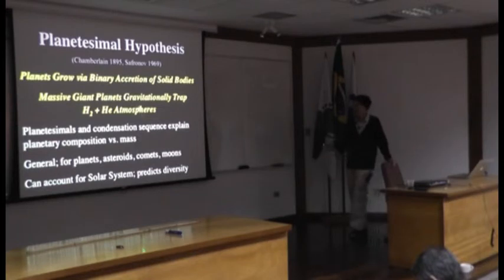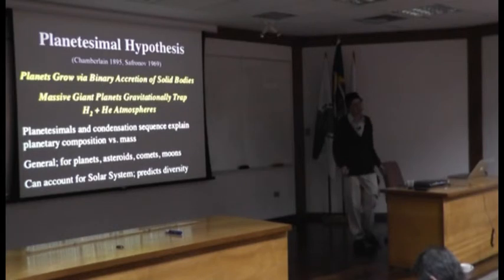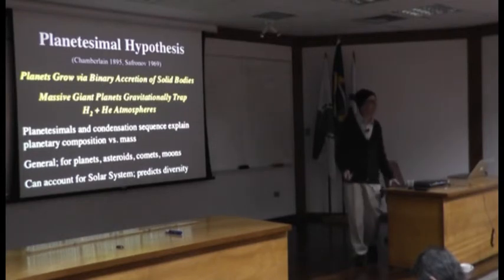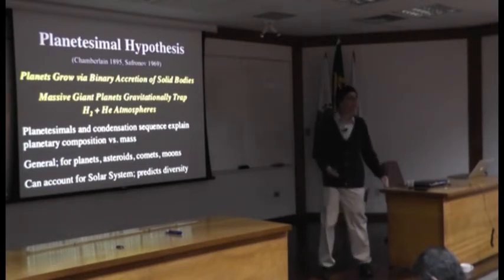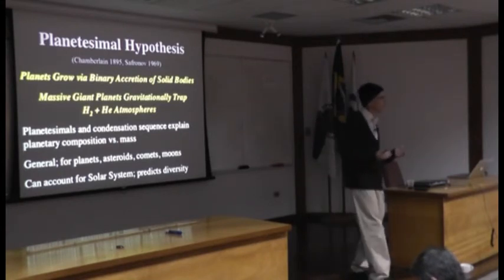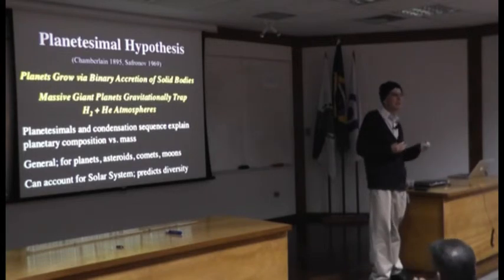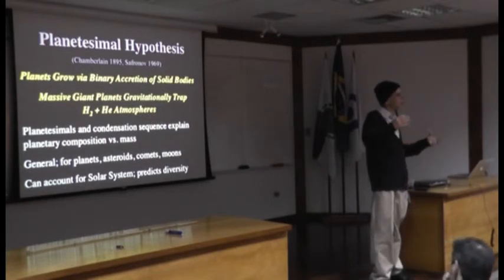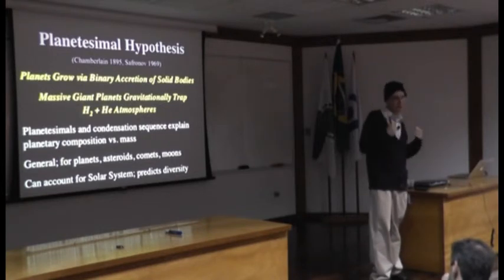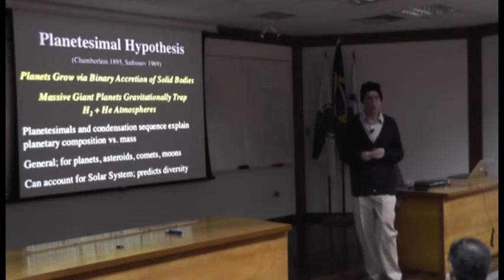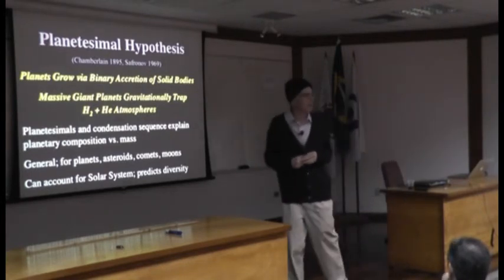There was another model developed first by American geologist T.C. Chamberlain at the end of the 19th century, based on properties of rocks, that the planets formed from dust growing up to larger bodies. Collision of dust grains, and then just gradual growth into planetary-sized objects.